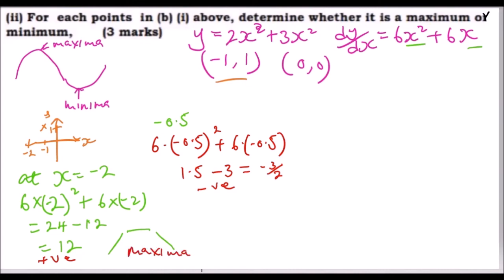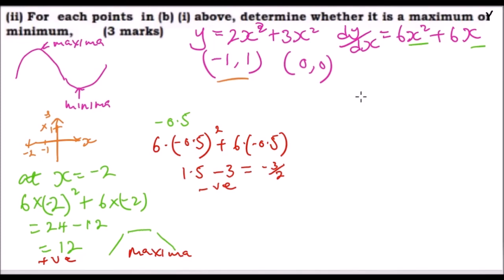Then we look at the other point. The other turning point is 0, 0, and we want to look at the nature. Here we can take minus 0.5, and the gradient here, which we have worked out, is negative.